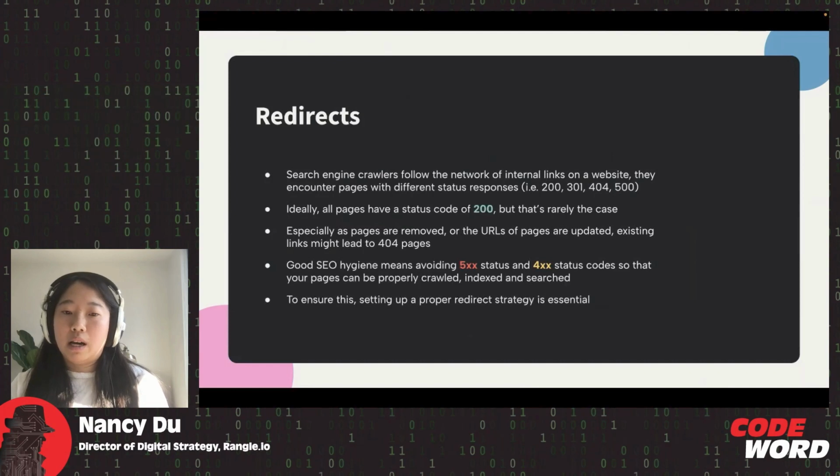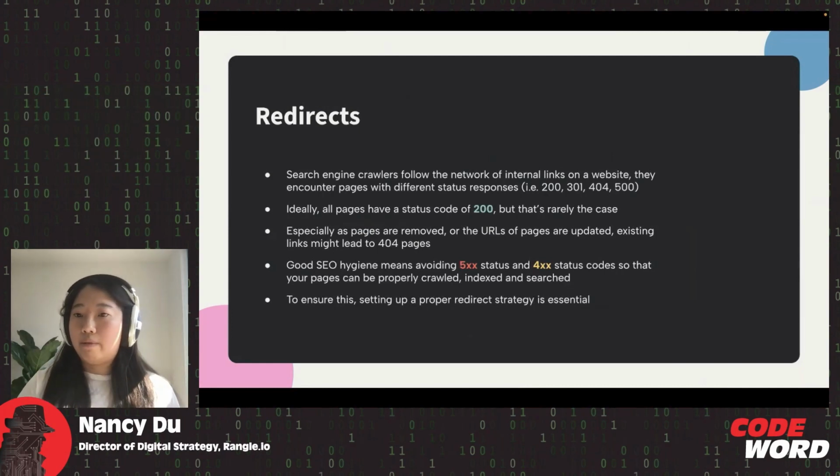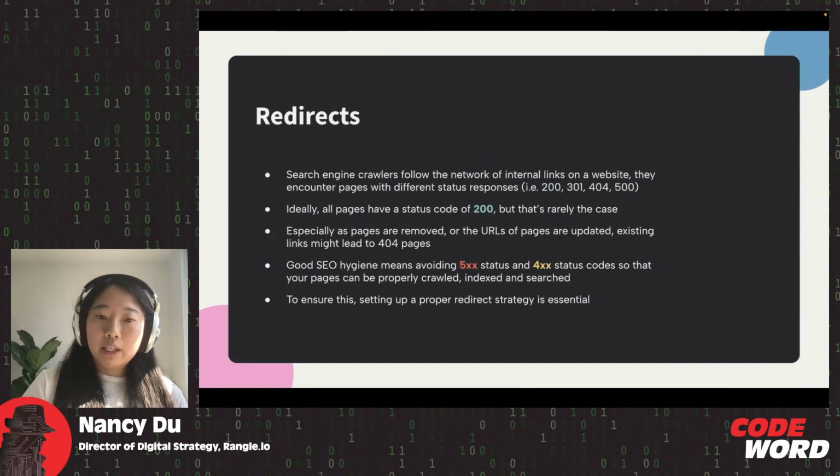Sometimes the links are forgotten to be updated and they may lead to pages that are no longer in existence. So good SEO hygiene typically means avoiding your 500 status errors and your 400 status codes. To really ensure this, it's important to have a proper redirect strategy set up so that all of your links are being redirected to actual valid pages.